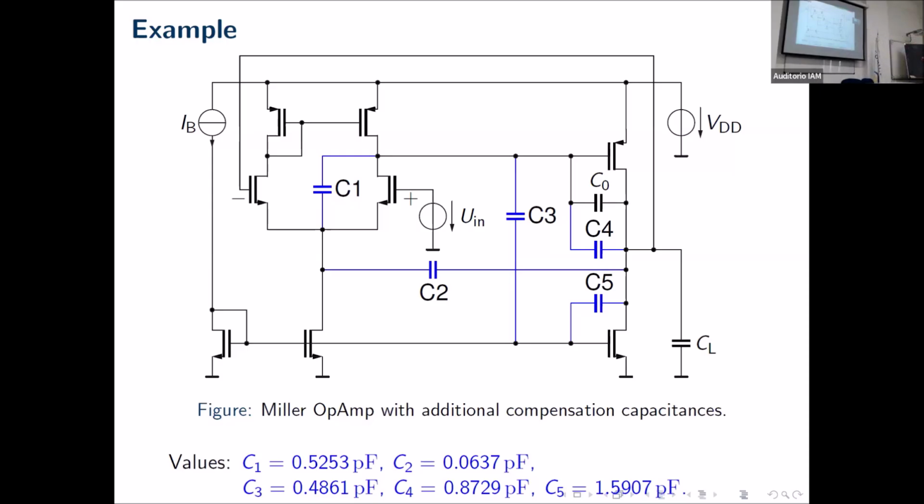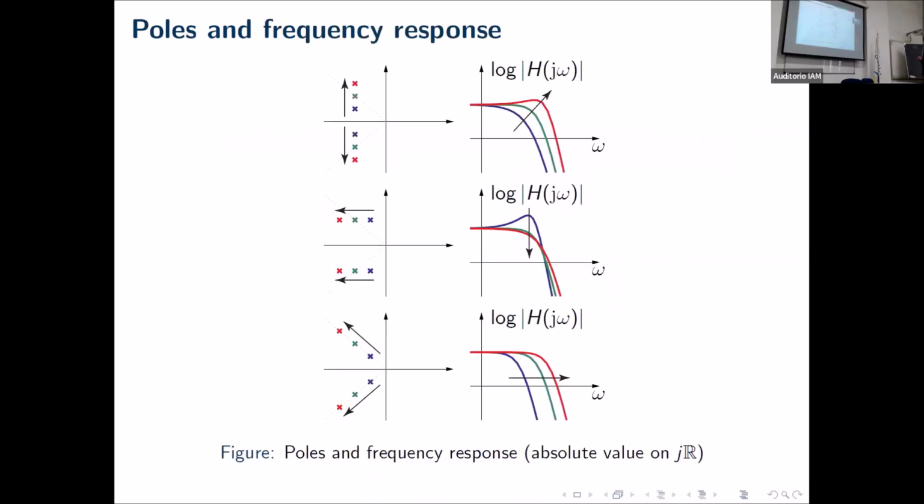Good. So what does good mean? What does it mean that the transfer function has good properties? This is just a schematic picture. It's not proven.